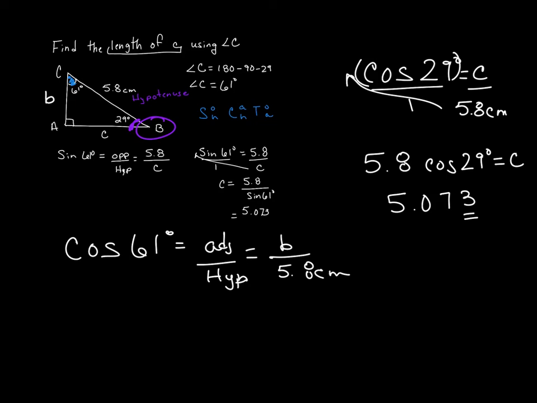You can use either the sine or cosine to solve for length C. The same would be true if I asked you to find side B. The only difference is how you set up the ratios.